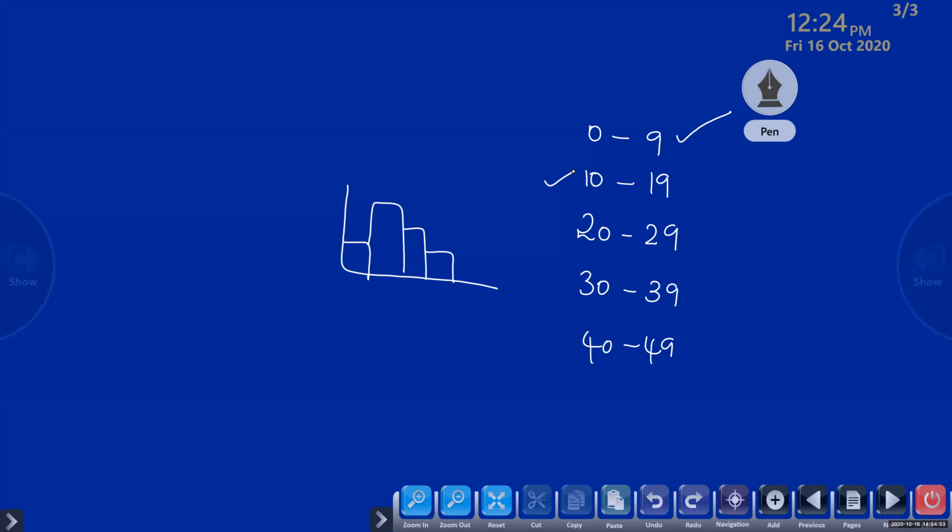So in such a case, this is not continuous, but we have to make it continuous. There is one method of making it continuous. Okay, children? Are you listening to me? Yes, ma'am. If it is 0 to 9 and the next class starts 10 to 19, this data is not continuous.